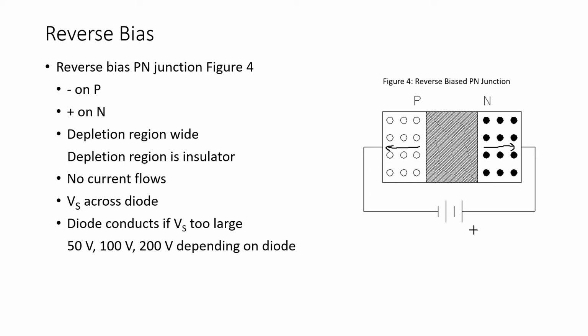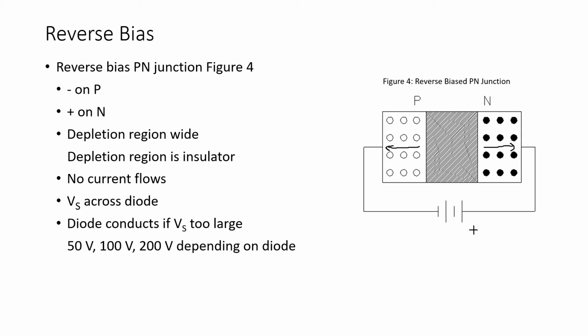Now, just like an insulator, if we apply too much energy to an insulator, or in this case, a reverse bias diode, we can actually get conduction through the device. The amount of voltage that will result in current flow through the depletion region depends upon the diode.